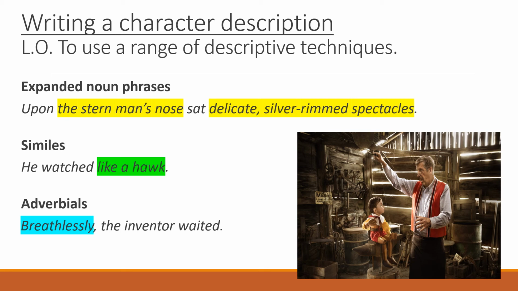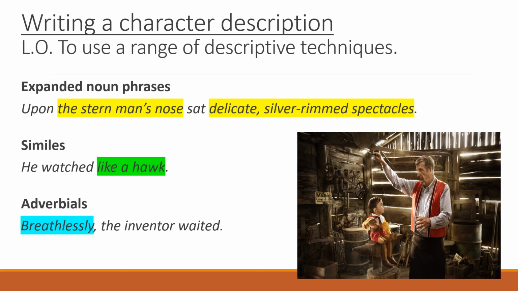Similes as well. He watched like a hawk. Not only does that give this idea of him being almost like a predator, or someone who is perhaps up to no good, a hawk will also have that piercing gaze, the way a hawk would stare across the fields or across the valley, and it's giving that description of how his eyes are piercing and looking at what he's created.